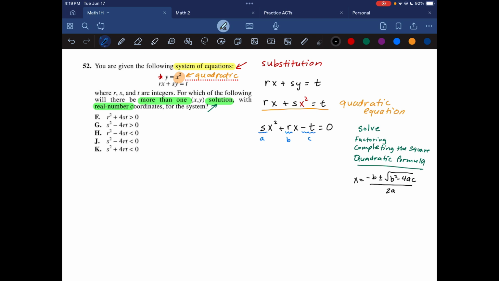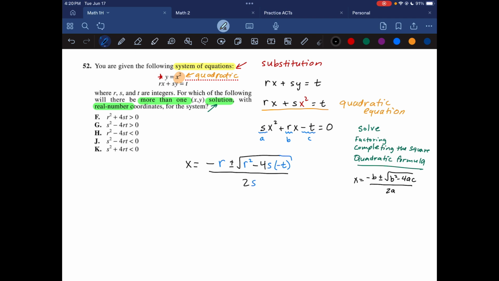So now I'm pretty much going to rewrite the quadratic formula, but I'm going to substitute our a, b, and c into their right spots. So x equals negative, our b here is r, plus or minus the square root of b squared, b was r again, minus 4, and a is s, and c is negative t, all over 2 times a, which in our case was s.